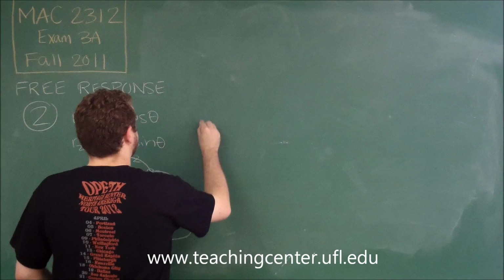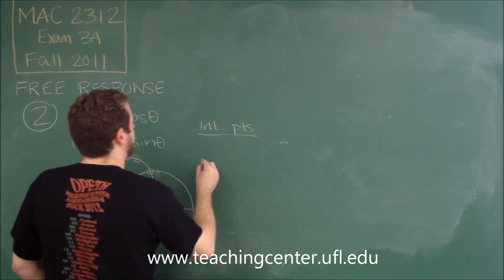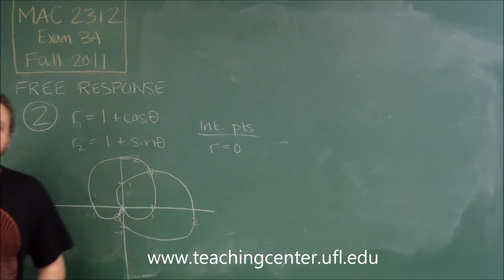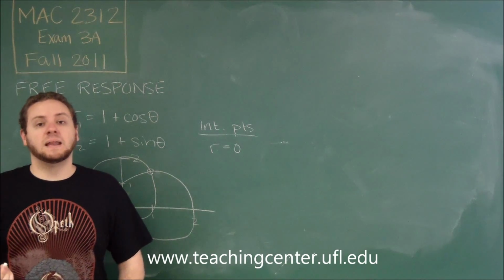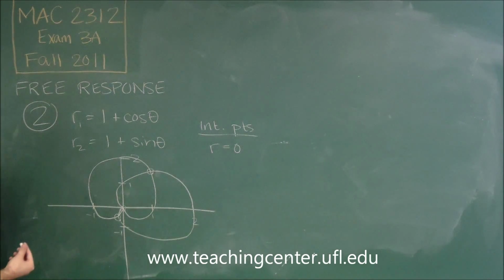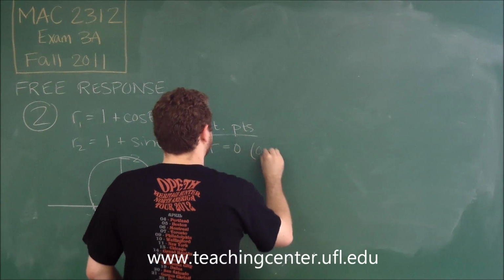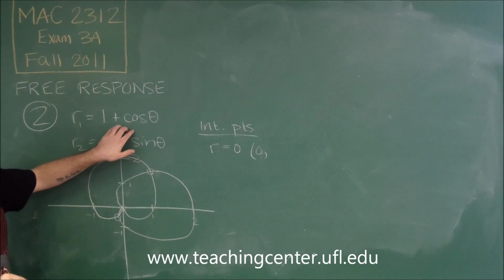So intersection points, we have the origin. The origin you can just claim is r equals 0, because you can't really write the origin as a polar coordinate point because it could be any theta. We could figure out what they are for each, so let me do that real quick. So we actually have the point 0. So we would think for the first one, when is this 0?